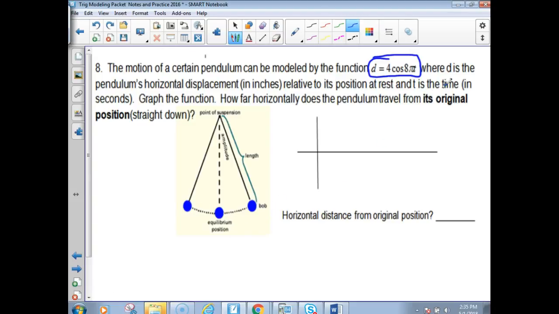Okay. It says time is in seconds. Graph the function. How far horizontally does the pendulum travel from its original position straight down? How far horizontally does it travel? So we're going to want to know this distance. All right, let's figure this thing out.